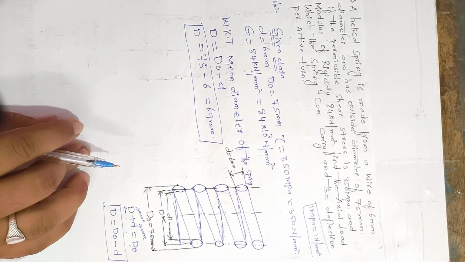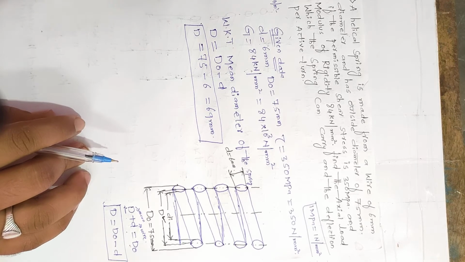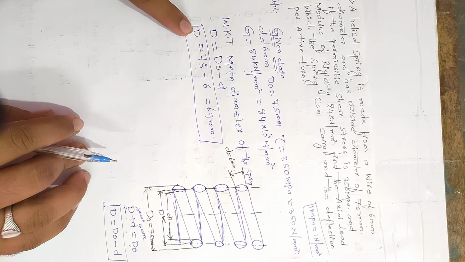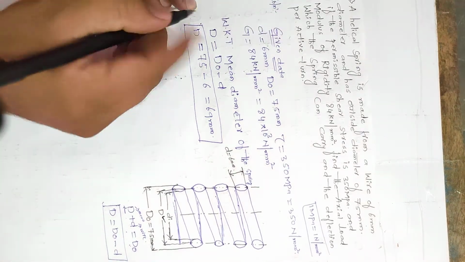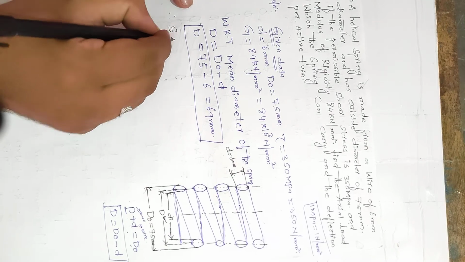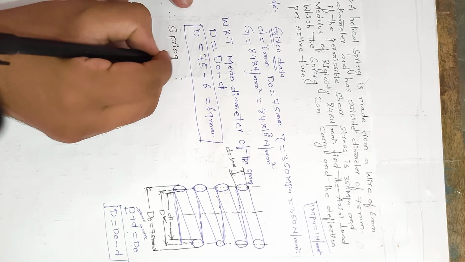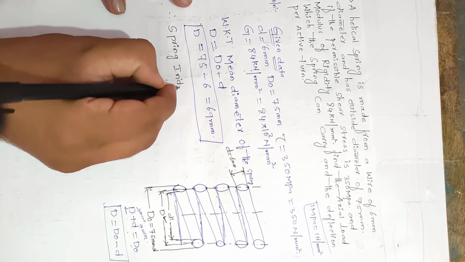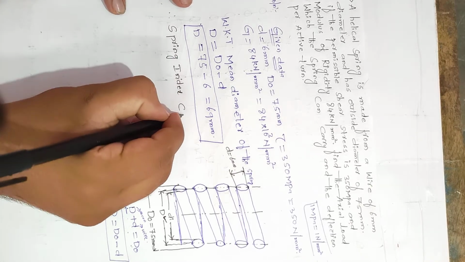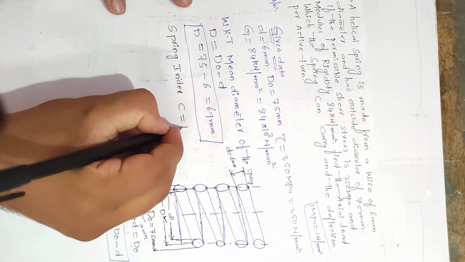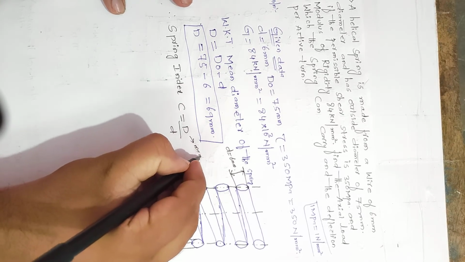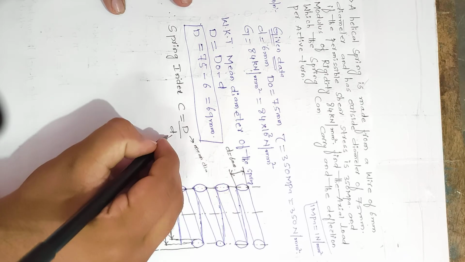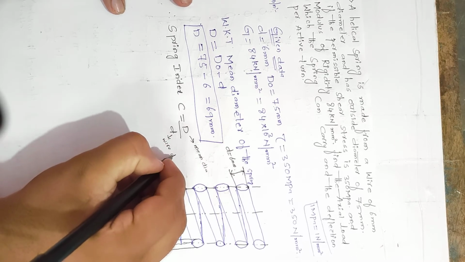Okay dear. After that, if you have the value of the wire diameter and the mean diameter, you can easily find the value of the spring index. What is the formula of the spring index? C equal to capital D by small d, that is, mean diameter by wire diameter.